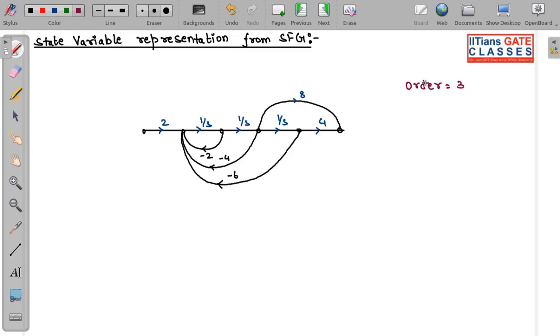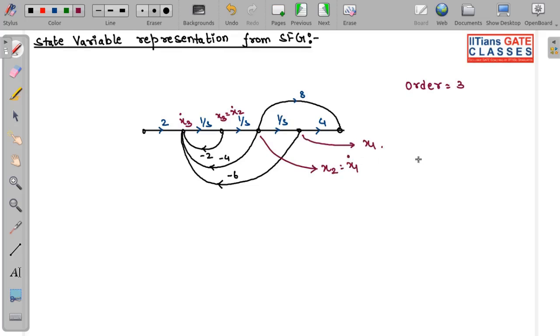Now if order is equal to 3, there will be 3 states. This point is equal to x3 dot, so obviously this is going to be x3, which is equal to x2 dot. This point will be equal to x2, which is equal to x1 dot, and this point is equal to x1.